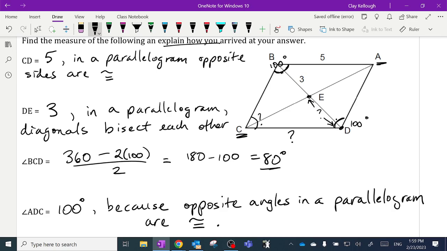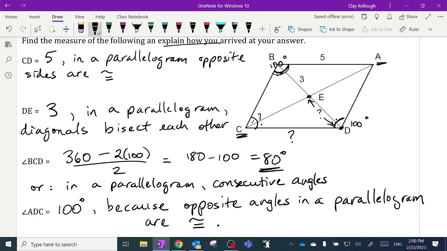And I had somebody in the other class this morning saying, oh, I actually know that in a parallelogram, consecutive angles, which again means right next to each other, are supplementary. And that's true too. So in a parallelogram, consecutive angles are supplementary.